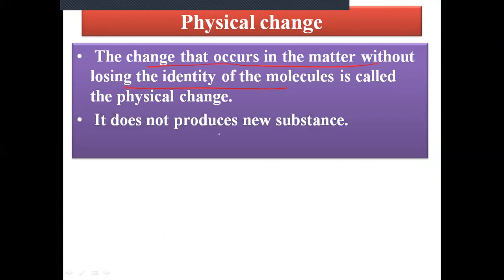It does not produce a new substance. It is a temporary change, and generally physical change can be reversed. It can be undone.